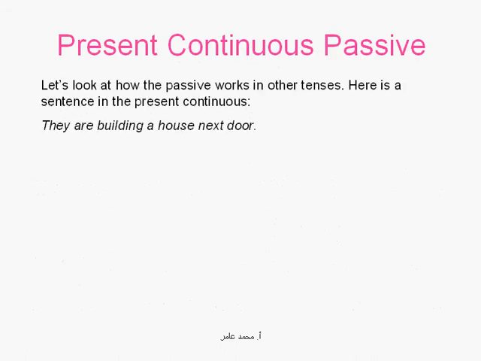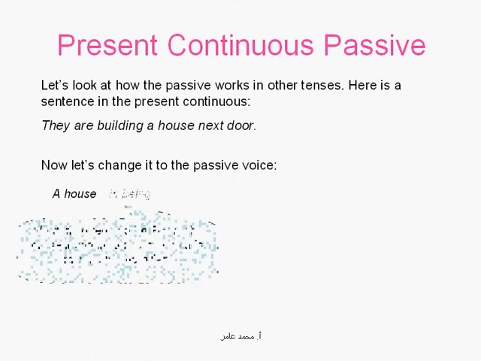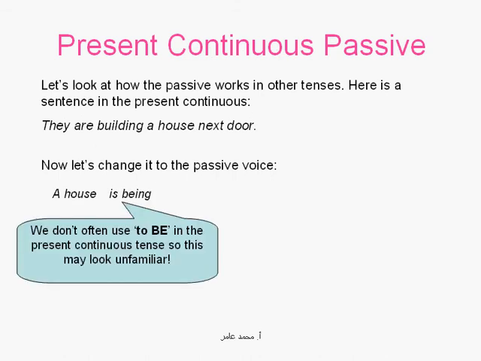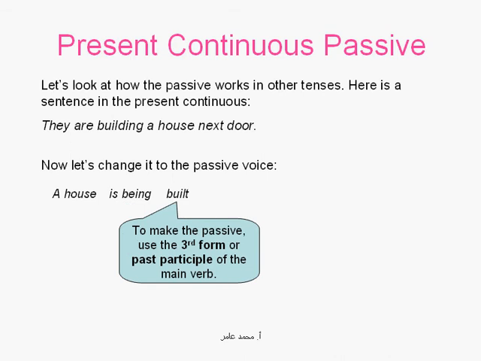Present continuous passive. Let's look at how the passive works in other tenses. Here is a sentence in the present continuous. They are building a house next door. Now let's change it into the passive voice. A house is being built. We don't often use being in the present continuous tense, so this may look unfamiliar.